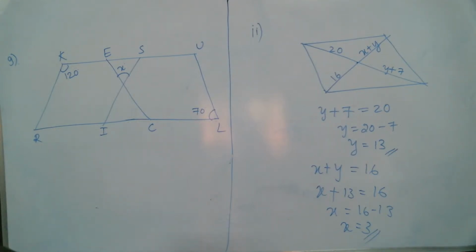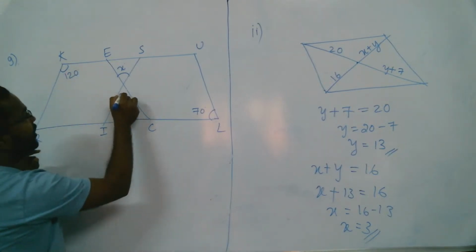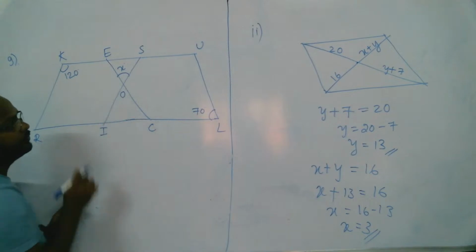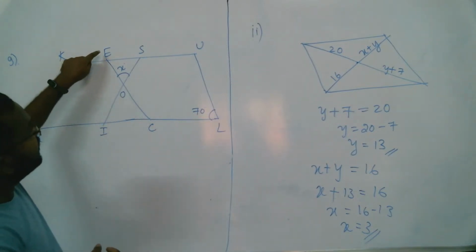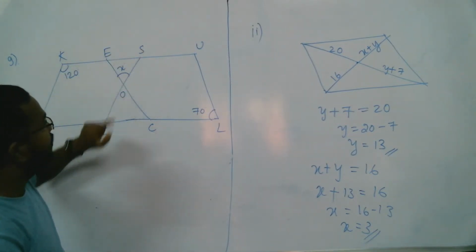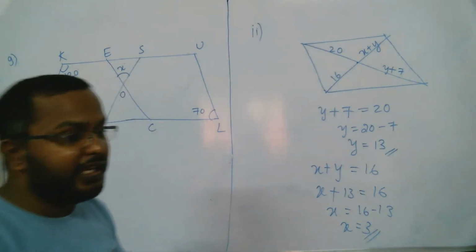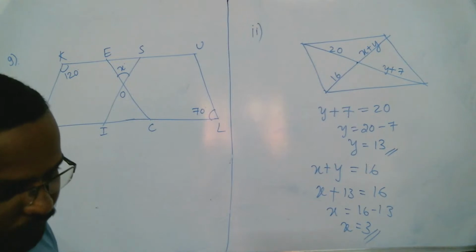So let me explain this question. See here, if you take this point as O, look at this figure ESO. ESO is forming a triangle.